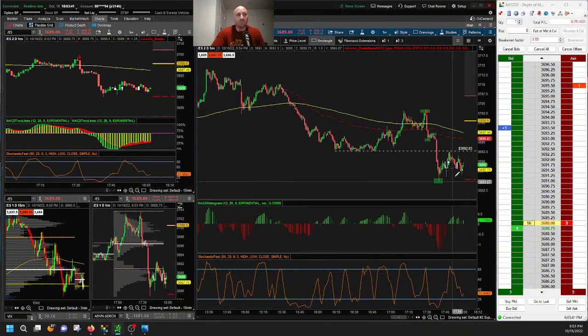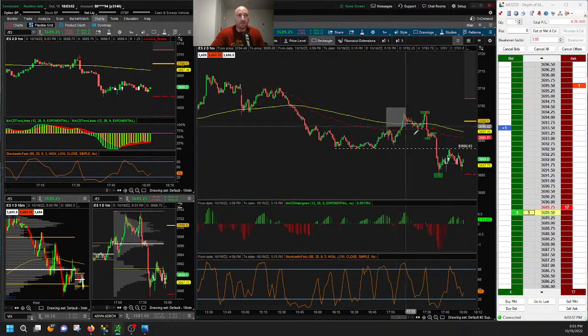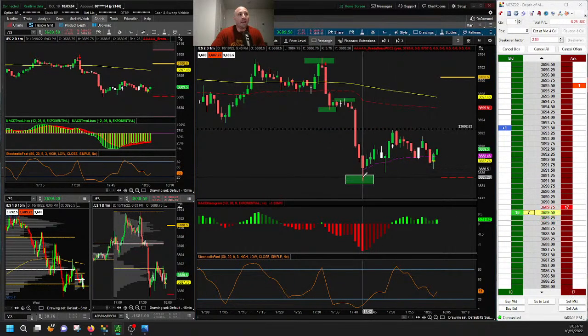We'll have a series of lows. If we actually rally above this high, then we start making higher highs and higher lows on the bigger picture. But within that bigger picture, we actually have more of a micro trend going on right here.